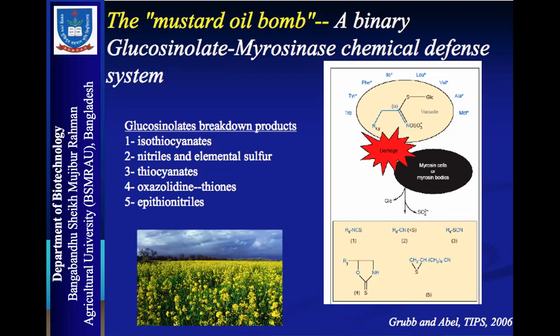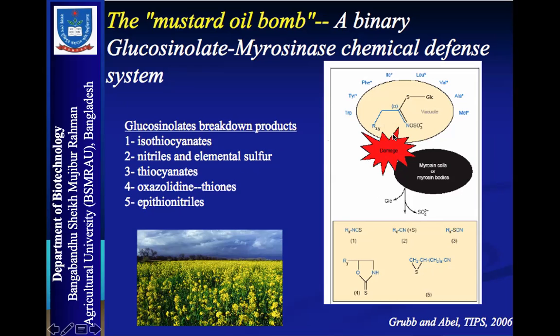Basically, the mustard plant contains glucosinolates. Glucosinolates are not toxic at all, and they are present in the leaves. But nearby there is the myrosinase enzyme. So when plants are attacked by aphids or any other way, if you break a mustard leaf, you can find a strong aroma, from elemental sulfur.